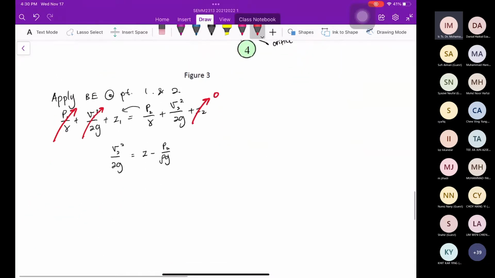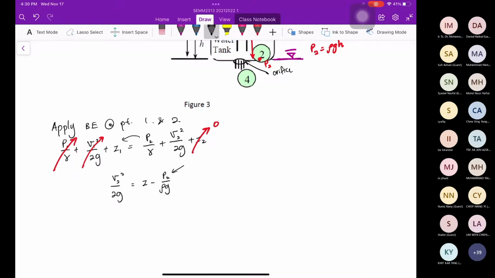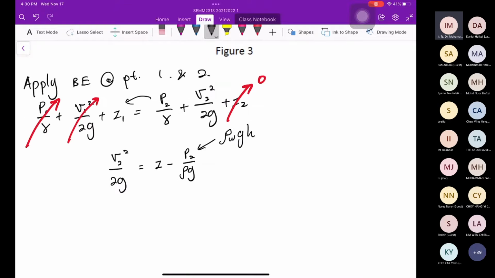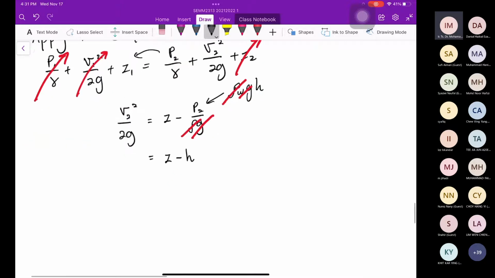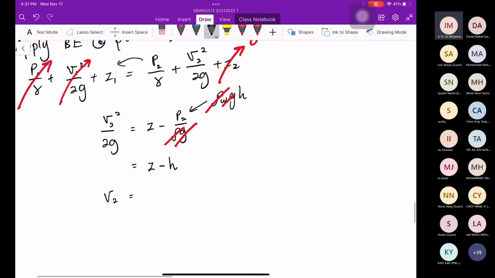So substitute P2 equal to rho of water gravity H. Rho of water gravity cancels with rho of water gravity, so I will have Z minus H. Then I will get V2 equal to square root of 2G(Z minus H). This is equation 1.